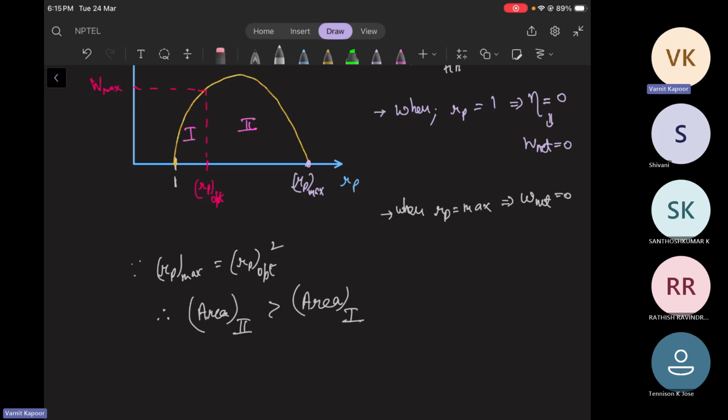Now let us come to the concept of isentropic efficiency of the compressor and the turbine in the cycle.